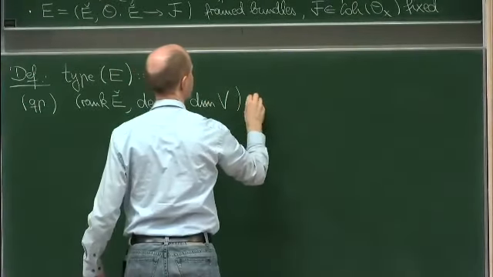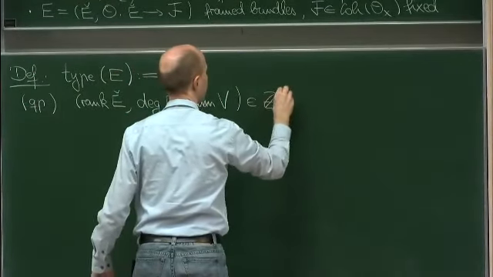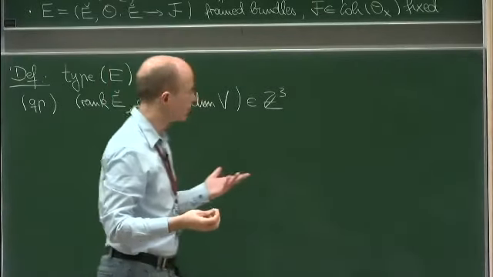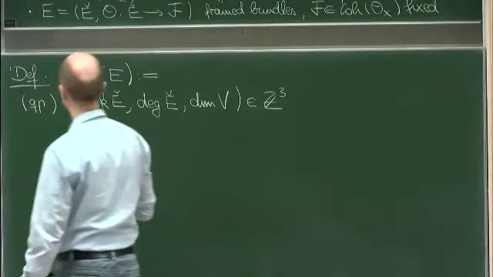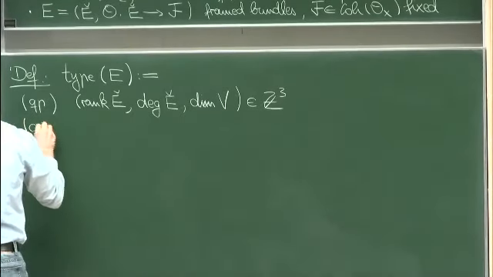So this gives you a triple of integers. That's the type in this case. And there's a similar notion in the other cases.